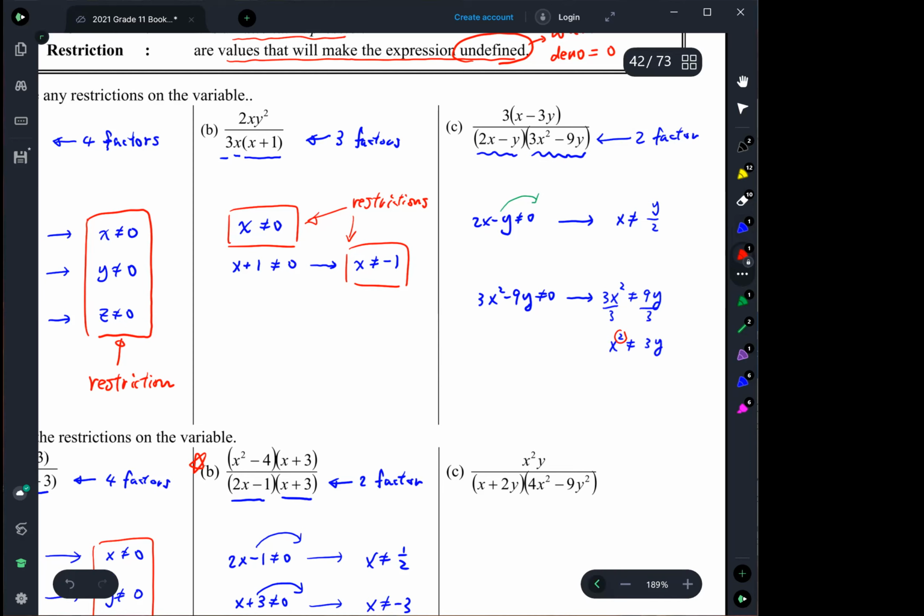How do we get rid of the square? Use the square root on both sides. Very good. So it will become x cannot equal what? The square root of 3y. Okay, very good.